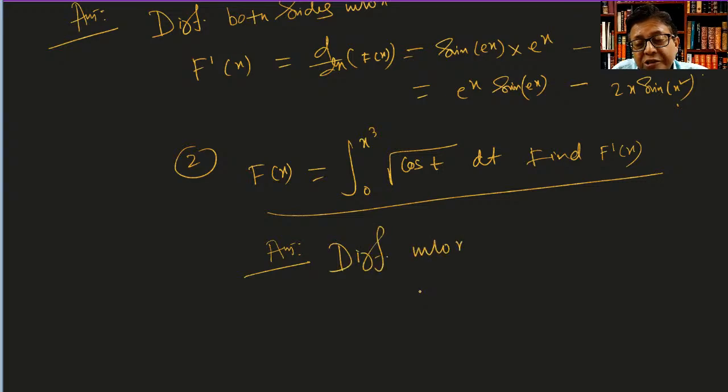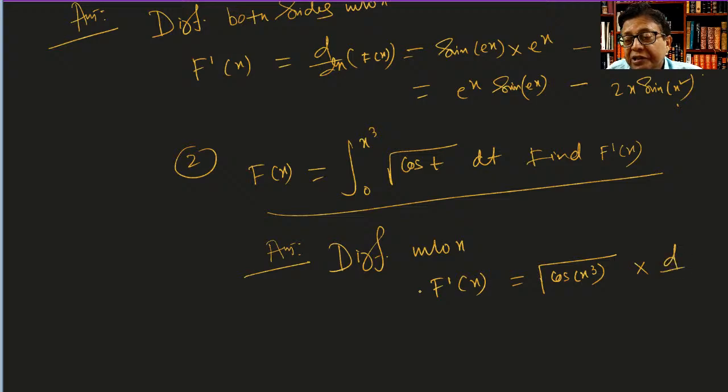Differentiating with respect to x, f'(x) is going to be under root cos of x cubed into the derivative of x cubed, minus under root cos 0 into the derivative of 0.